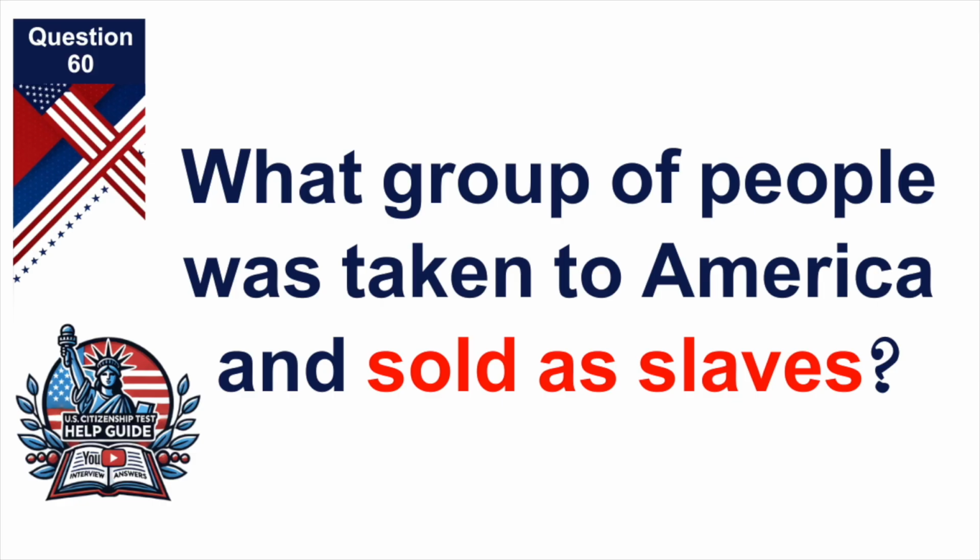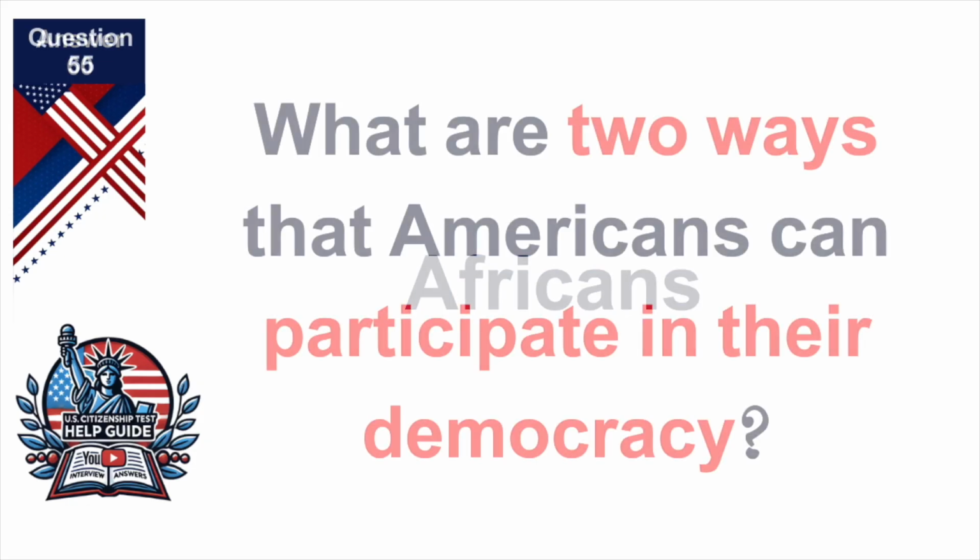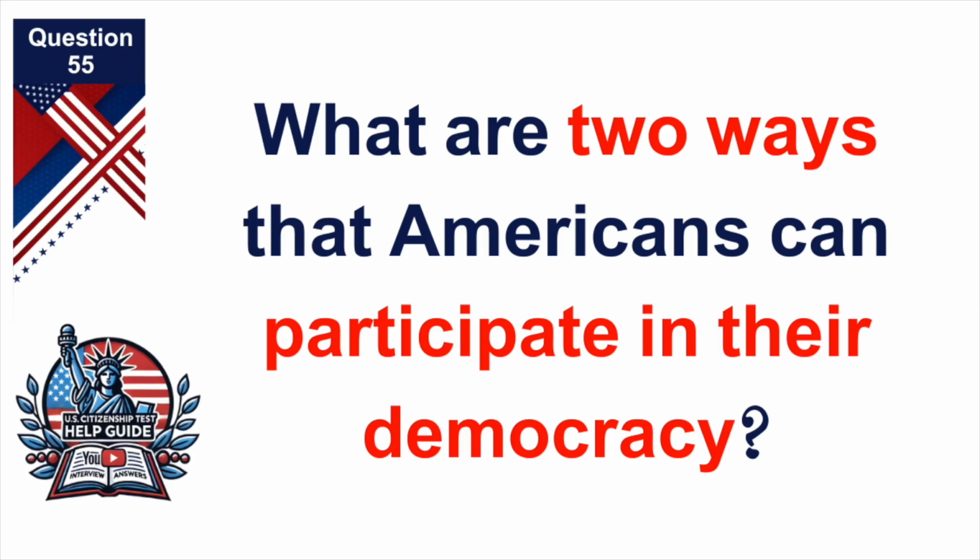What group of people was taken to America and sold as slaves? Africans. What are two ways that Americans can participate in their democracy?